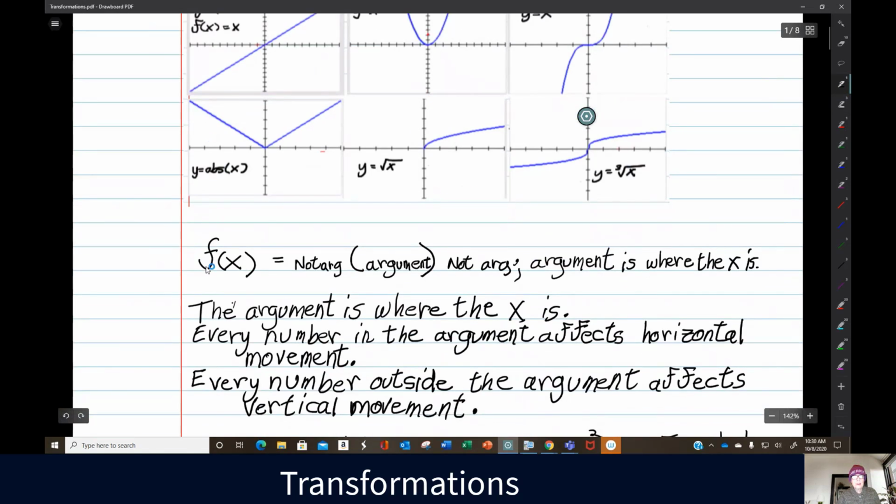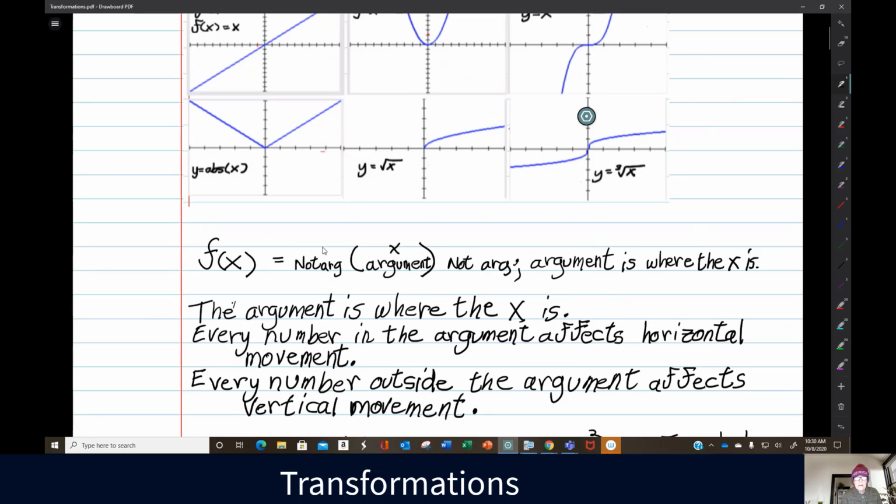Okay, let's look at a general function. All functions are made up of parts, and the argument is the most important part. That's where the x is. Wherever the x is, that's the argument of the function.